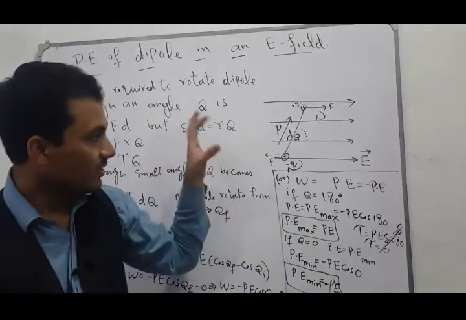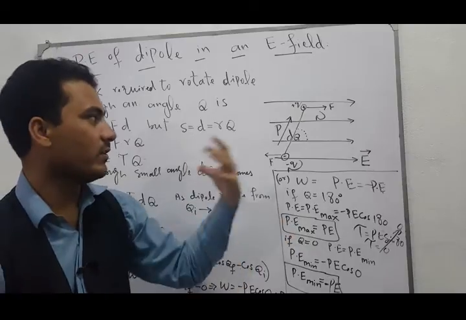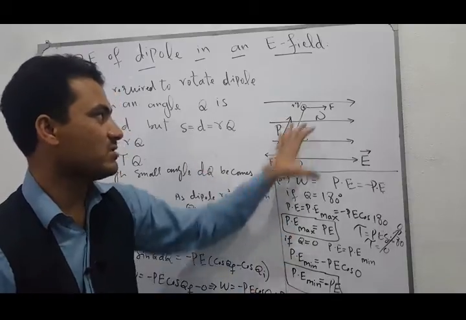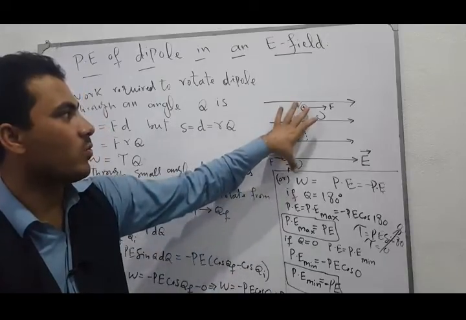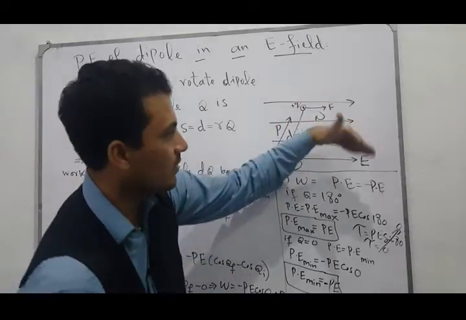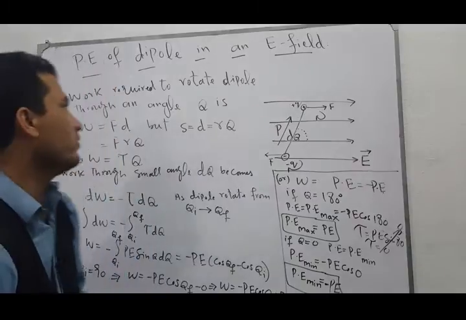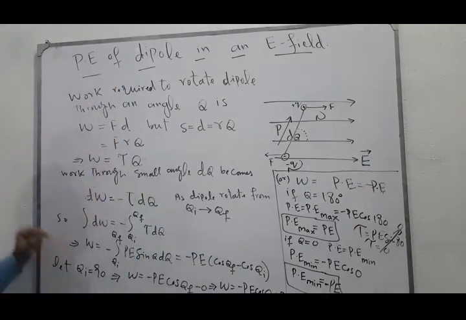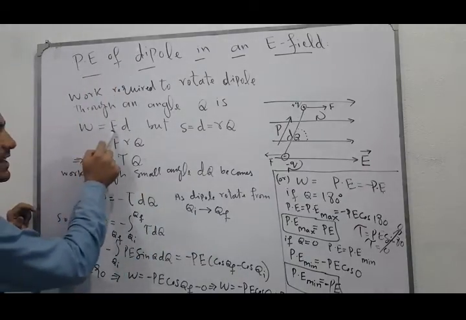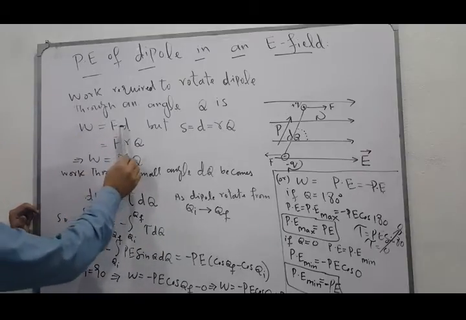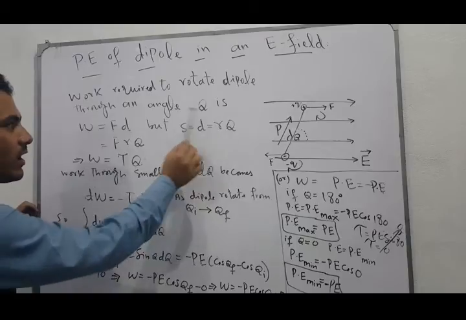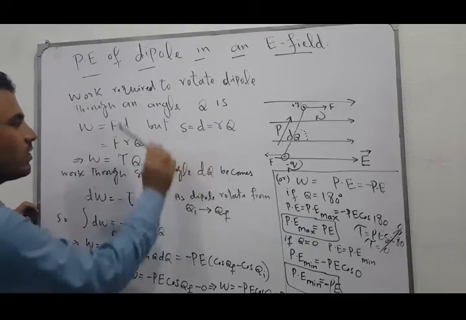Now let's discuss how we can find the potential energy of this dipole. For that purpose, we know that work is required in order to rotate this dipole in this uniform electric field, and we know that W is equal to Fd, but we must replace this Fd term by its angular counterpart. We know that s is equal to r theta.